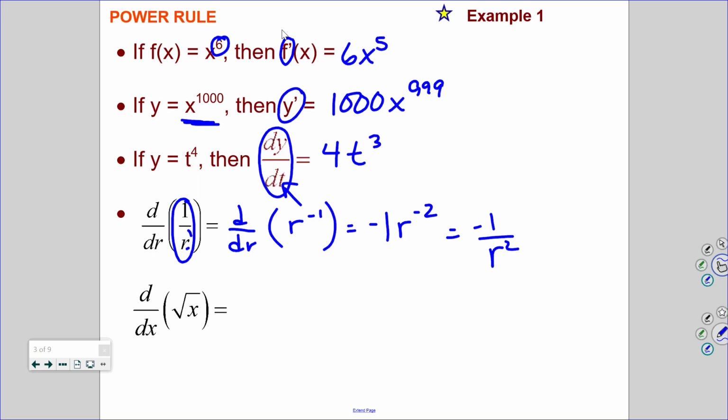So same idea for this next one. It always is helpful to start by writing it as x to some power. Now if you recall, this is a square root function, so technically there's a 2 on the outside. And on the inside here, this is like x to the first.